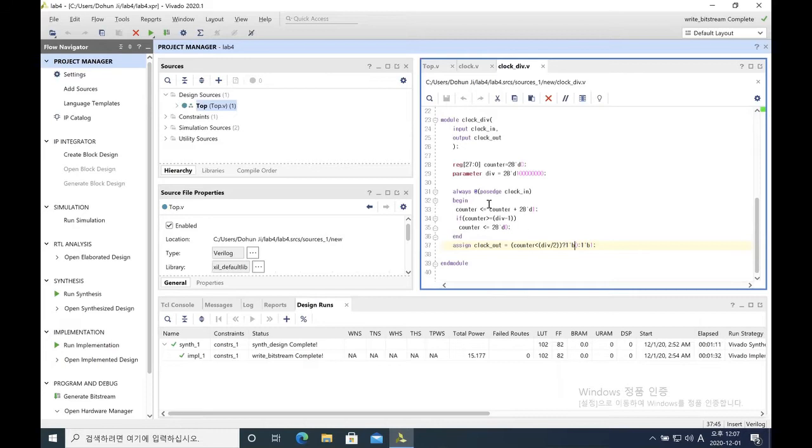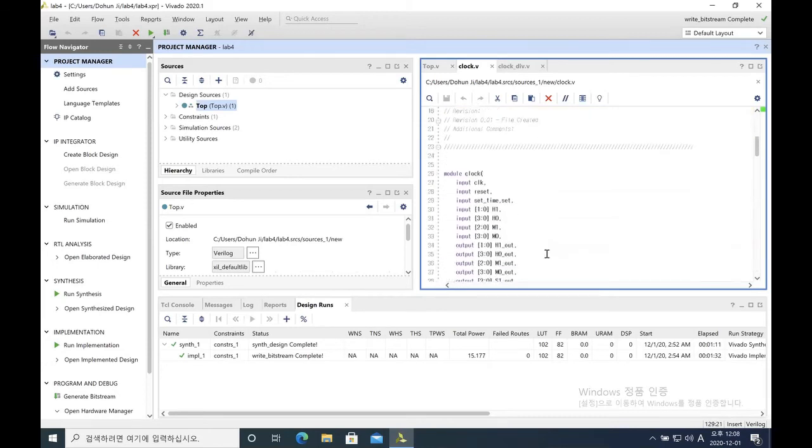Since we only counted when the 100 megahertz clock is high, we have to double up the frequency to make it a 1 hertz clock. So if counter is smaller than 50 million, the clock becomes 0, and if it's greater, it becomes 1.